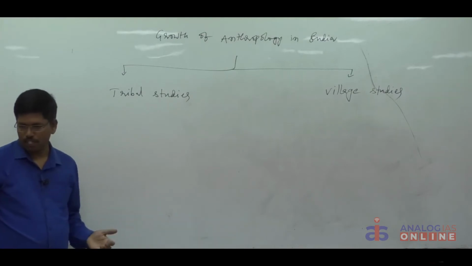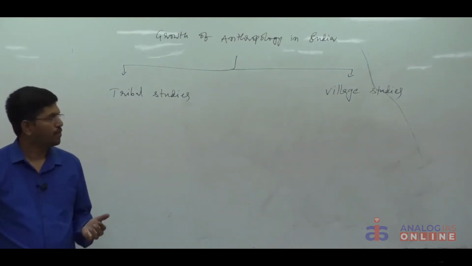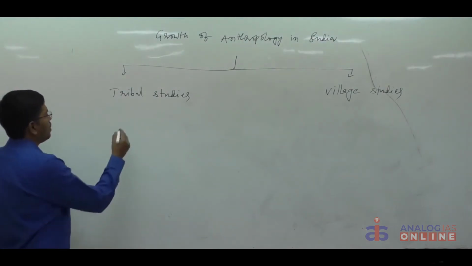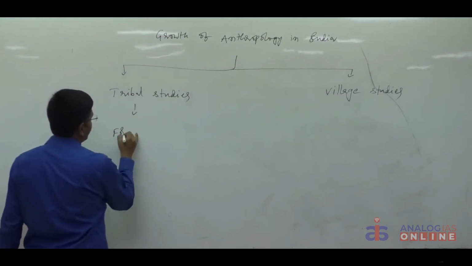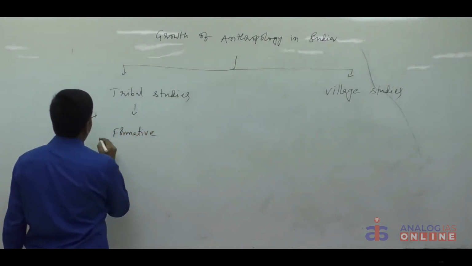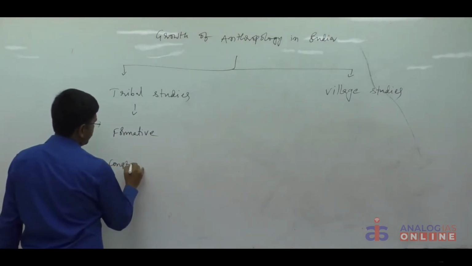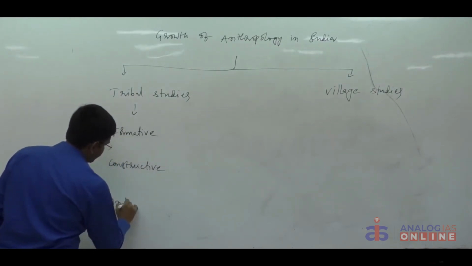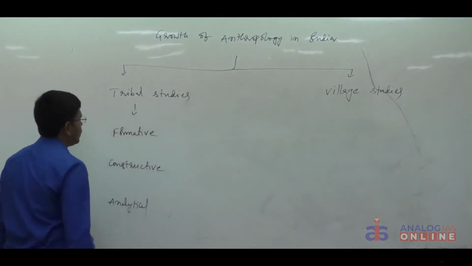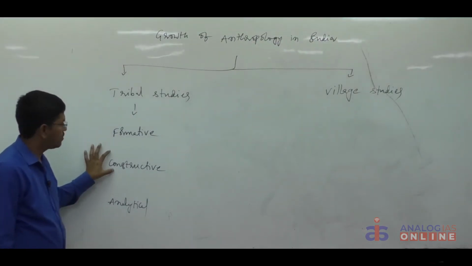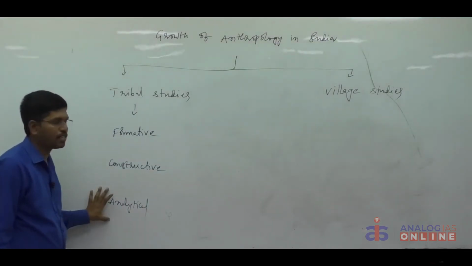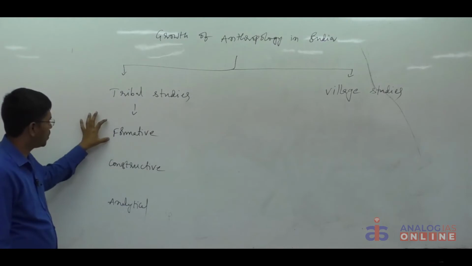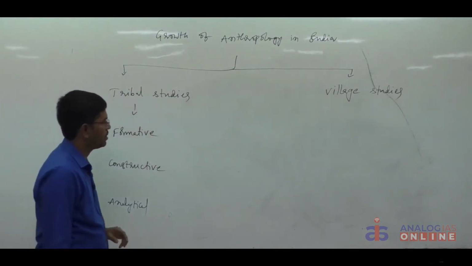Whether it is the tribal studies development or village studies development, the growth of those studies can be divided into three phases. With respect to tribal studies, formative phase, that means beginning, then constructive phase, significant insights were made, and analytical phase. Here the beginnings were made, here good studies were made, good data was collected, here they started analyzing the data. So the growth of tribal studies can be studied under three broad stages. They are formative stage, constructive stage and analytical stage.